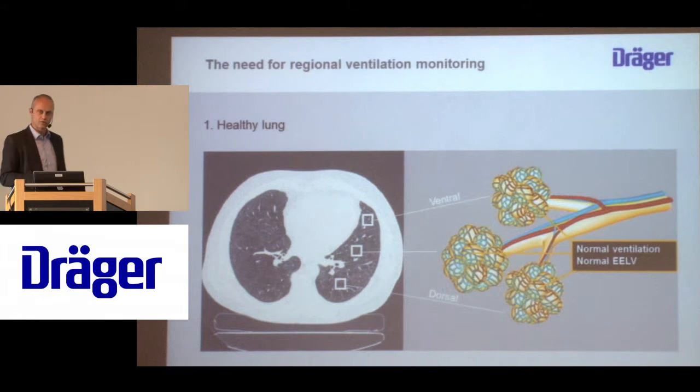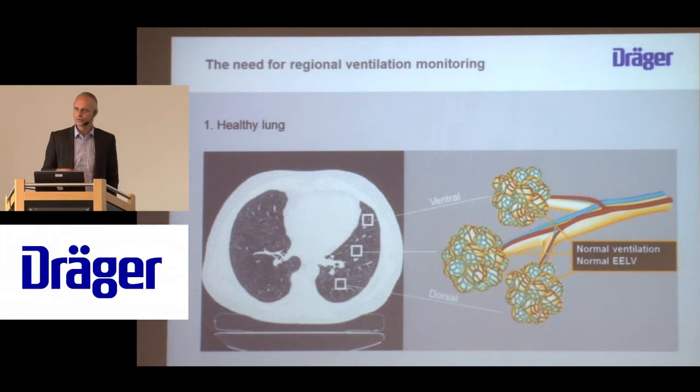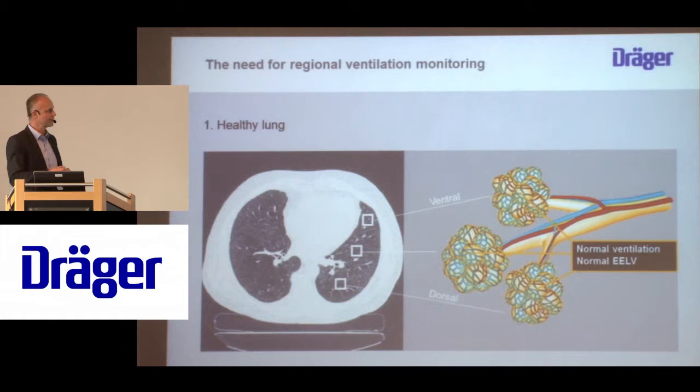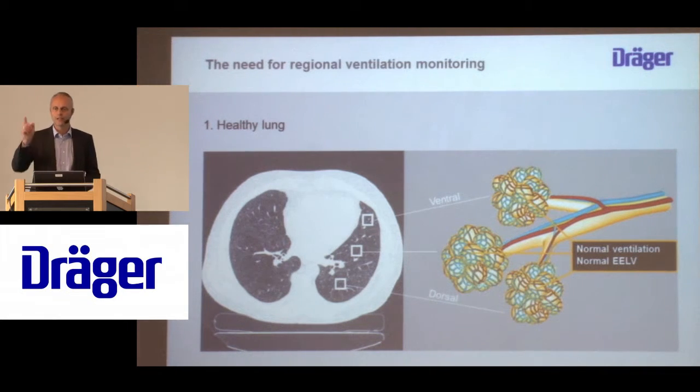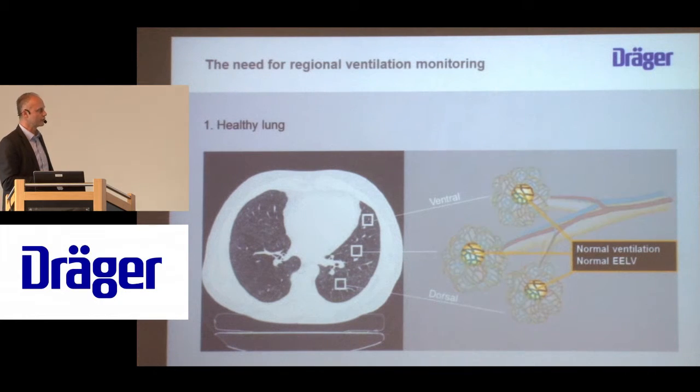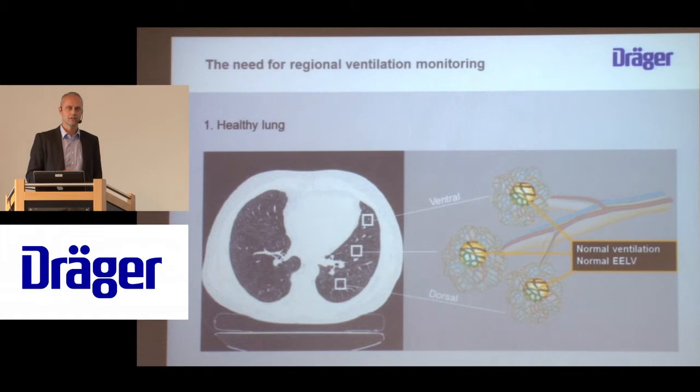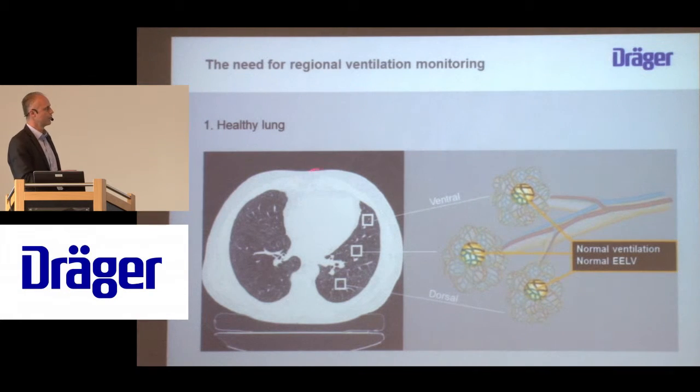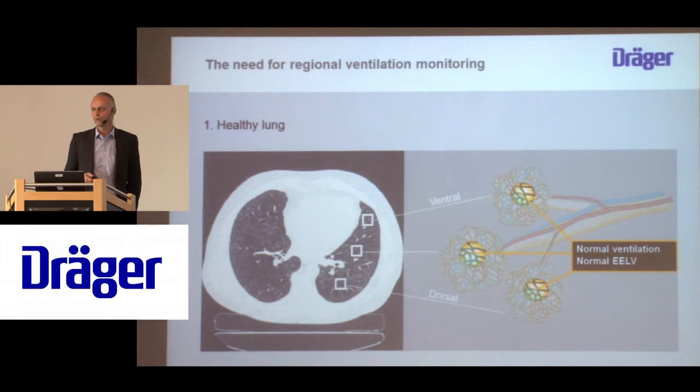If we first take a look at a CT scan, as Ola also mentioned in his presentation, the CT scan shows air content, right? So we don't know exactly what happens with the dynamic process of the ventilation. But we would assume that in a healthy lung, more or less all parts of the lung will have a similar compliance, so we would also see normal ventilation throughout the lung.